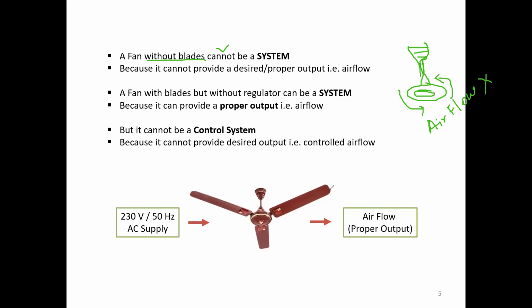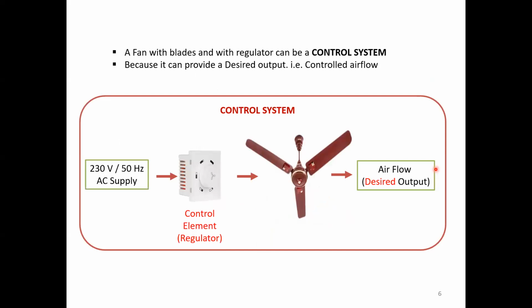It is a system, but it cannot be a control system because we cannot control the fan. To control the fan, we need the regulator. It cannot be a control system because it cannot provide the desired output, that is the controlled output.